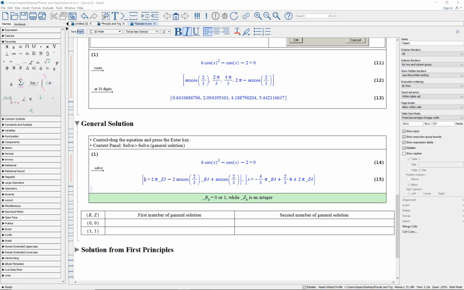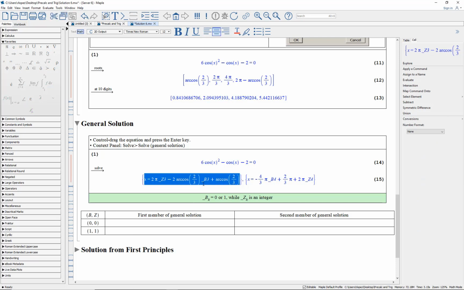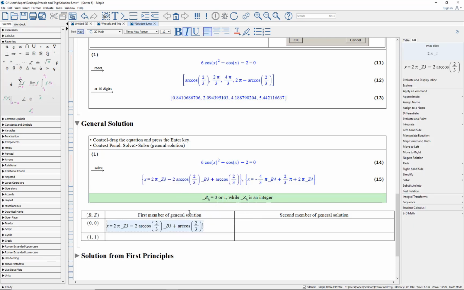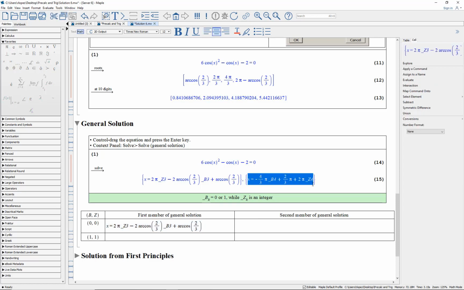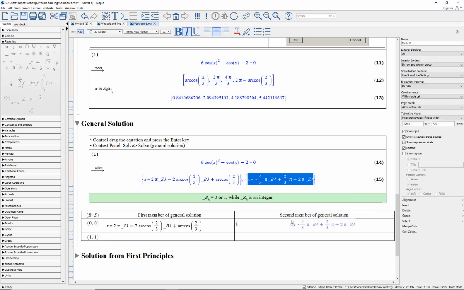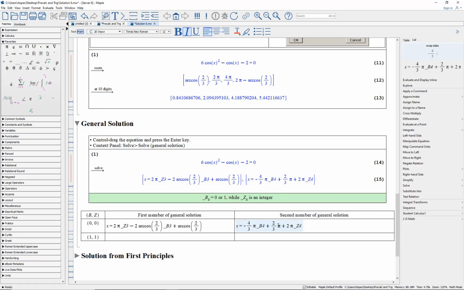So let's drag each of these expressions to a separate workspace. And substitute for B and Z the values listed here, 0 and 0, and 1 and 1.